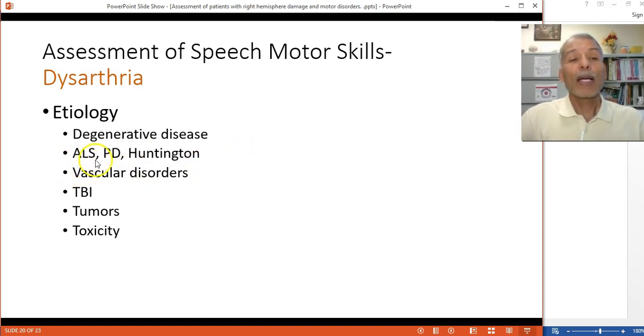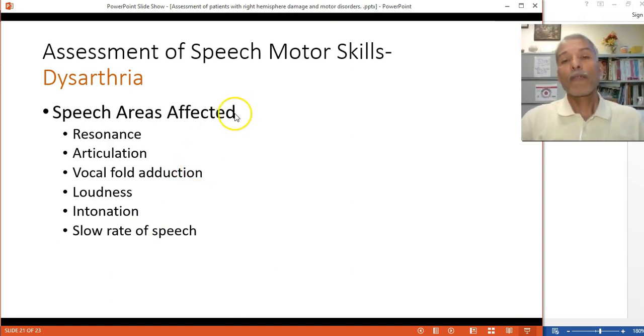For example, ALS, PD, Huntington, all of these are degenerative diseases. Vascular disorders, like strokes, or abnormalities in the blood vessel system. Traumatic brain injury, tumors, toxicity, neurotoxicity.